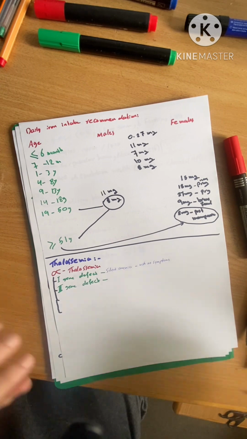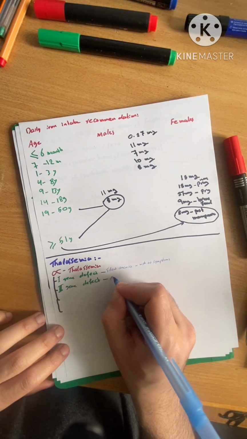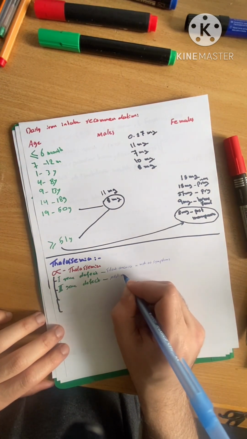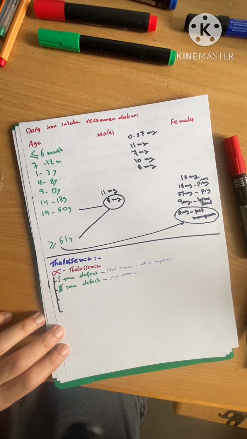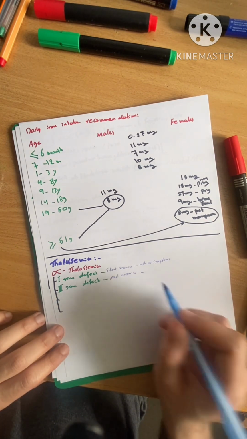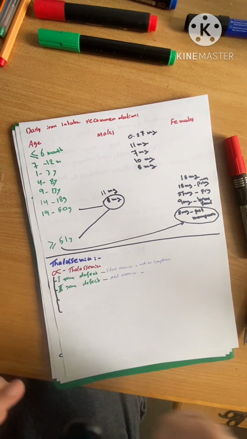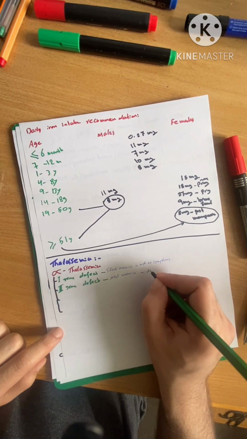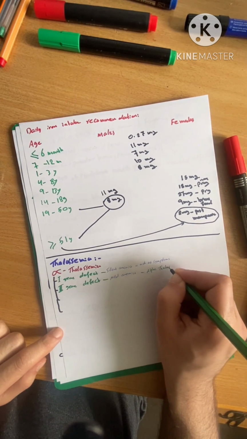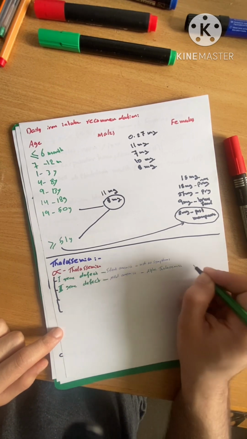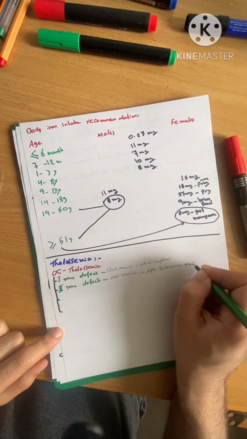Here we can see mild anemia. It can also be called alpha thalassemia trait.